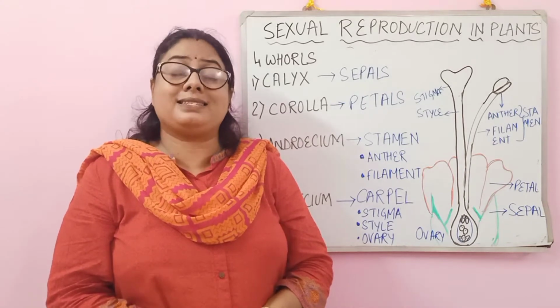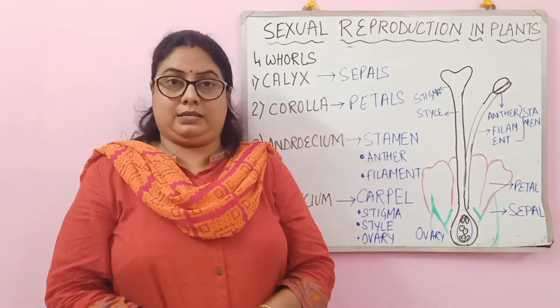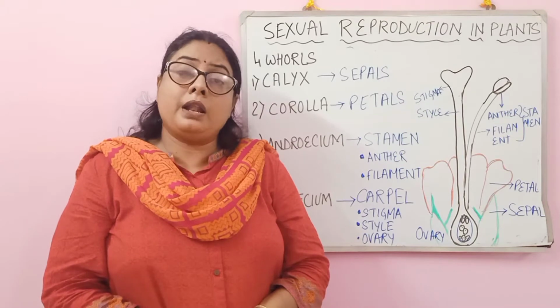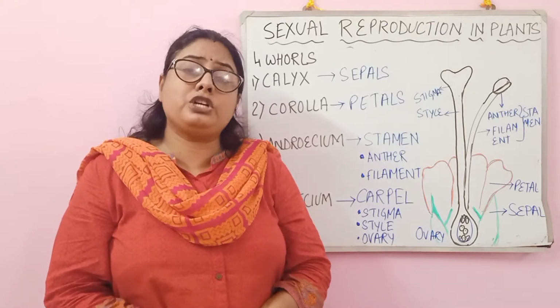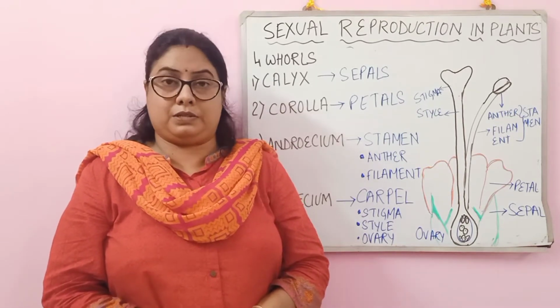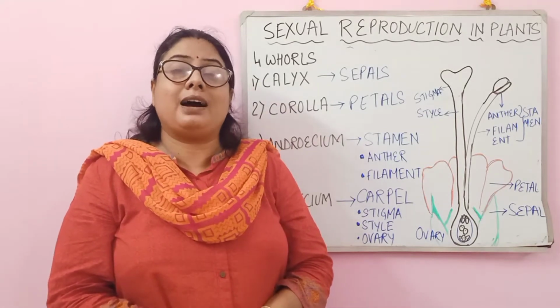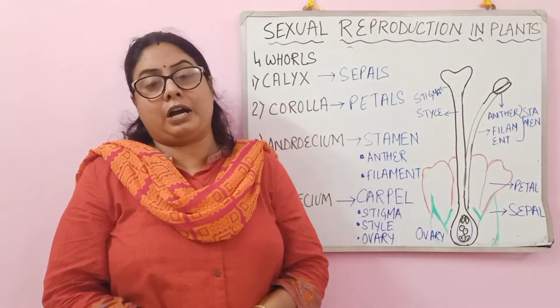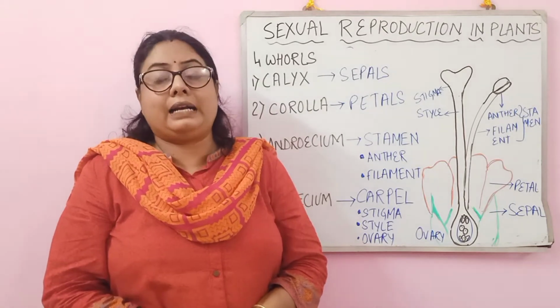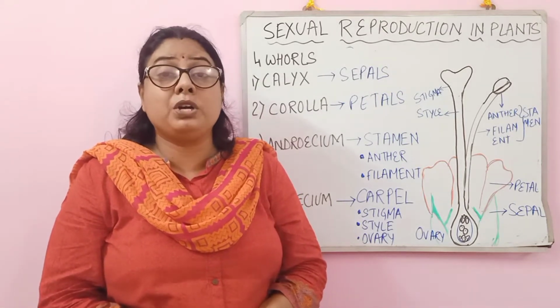This is known as gametogenesis. Now, for the formation of gametes, a special type of division occurs in the reproductive structure, and that is known as meiosis.